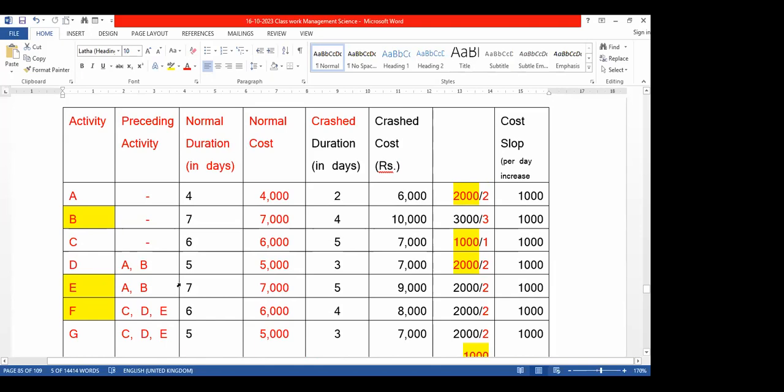Then we are moving on. Any doubts on this normal duration and normal cost? If you have anything, you can put it in the chat or ask, no problem.